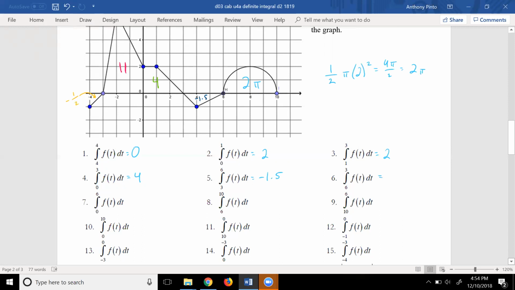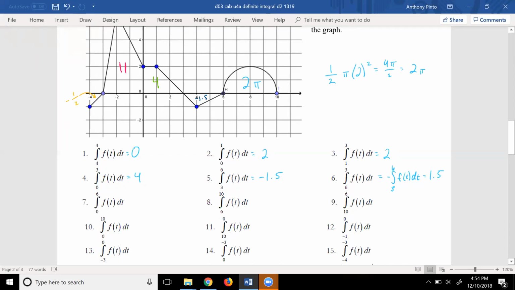And notice how we flipped then 3 and 6 so that 6 is on the bottom and 3 is on top. So we're going right to left, which then changes our sign. So if I wanted to rewrite this, this is the negative integral of 3 to 6 of f of t dt, which is just equal to positive 1.5.